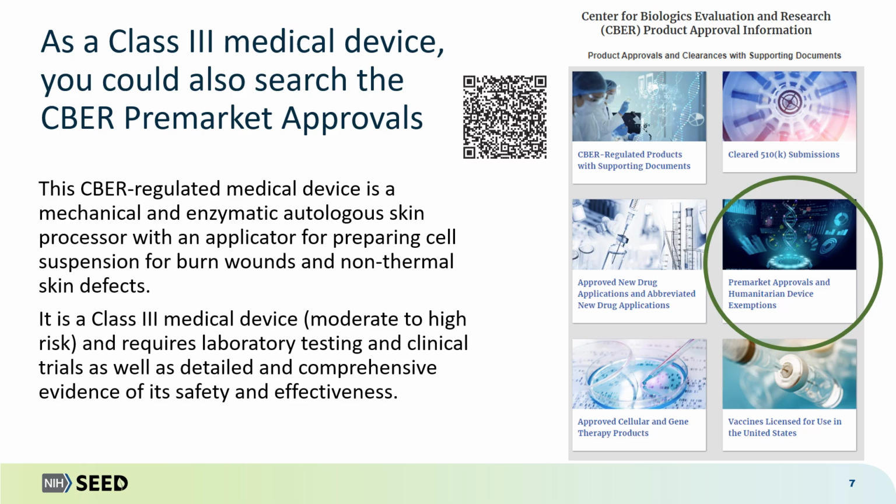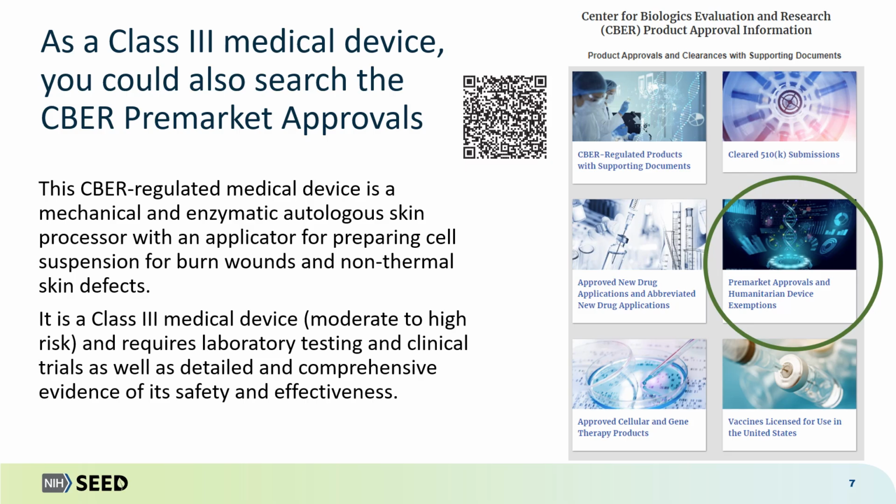The RECELL autologous cell harvesting device is a practical example of a Class 3 medical device regulated by both CBER and CDRH. It processes a patient's skin cells for application to burn wounds, promoting healing. As a Class 3 device, it undergoes the highest level of regulatory scrutiny due to its critical function and associated risks.